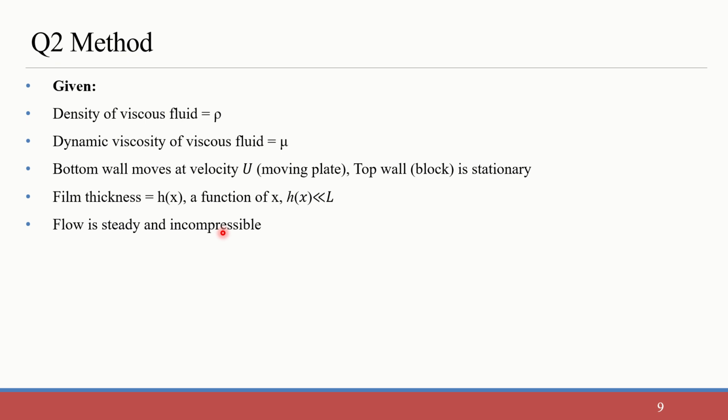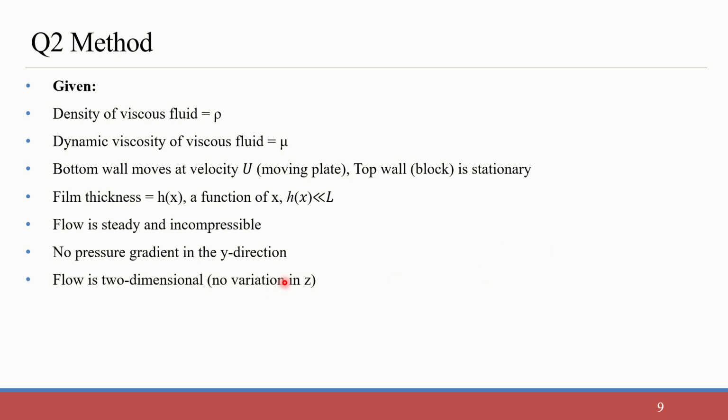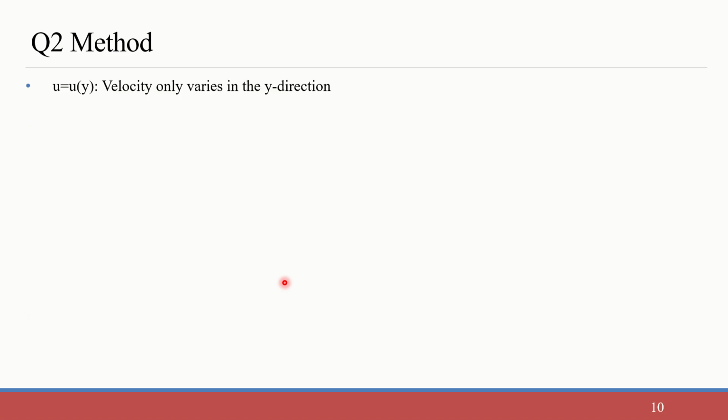The flow is steady and incompressible. There is no pressure gradient in the y direction; pressure varies with respect to the x direction. The flow is almost two-dimensional, since no variation is considered in the z direction, and we are asked to neglect gravity. Now u is given as a function of y; velocity varies with respect to the y direction, that is height.